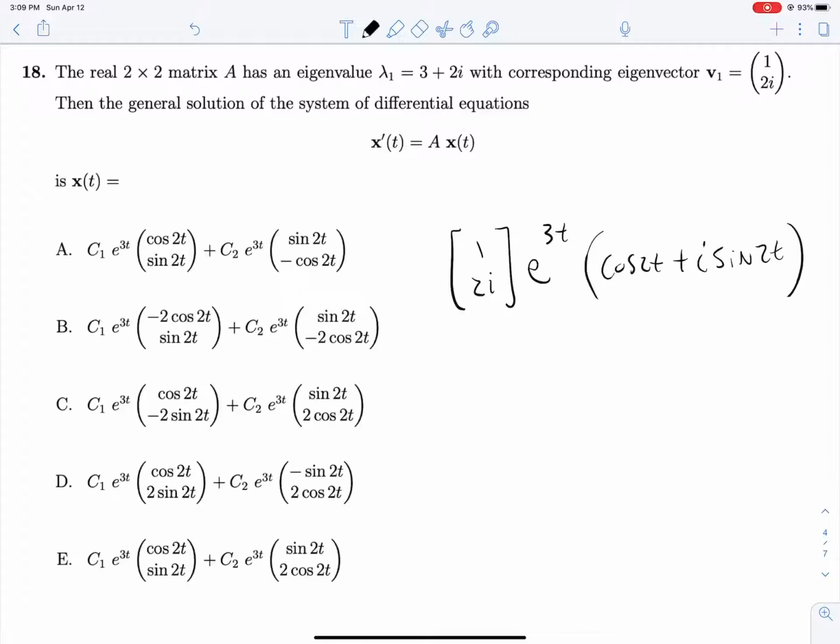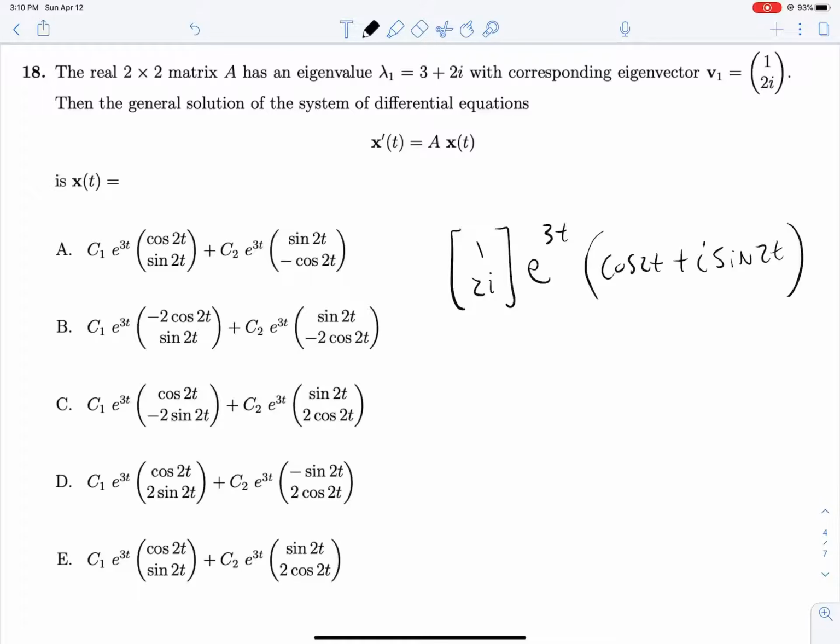And now really what we're looking for is the real portion of this when we expand it out and the imaginary portion. We will find both of those, take off the i, replace the i and the constant out on the left with C1 and C2, and we will be good to go.